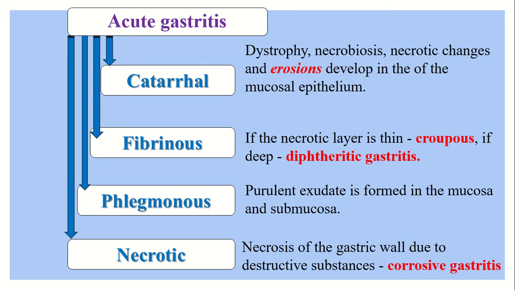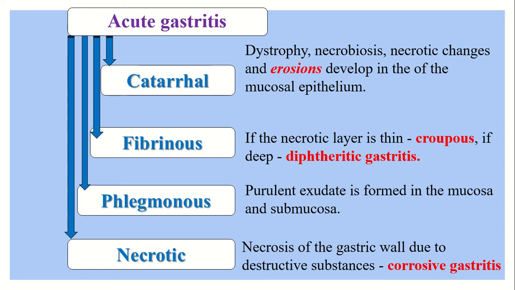There are four classic types of acute gastritis, as you remember from general pathology. Also, we discussed in the tonsillitis, for example, catarrhal gastritis. Here we see dystrophy, necrobiosis, necrosis, and erosions that localize only in the mucosal epithelium.